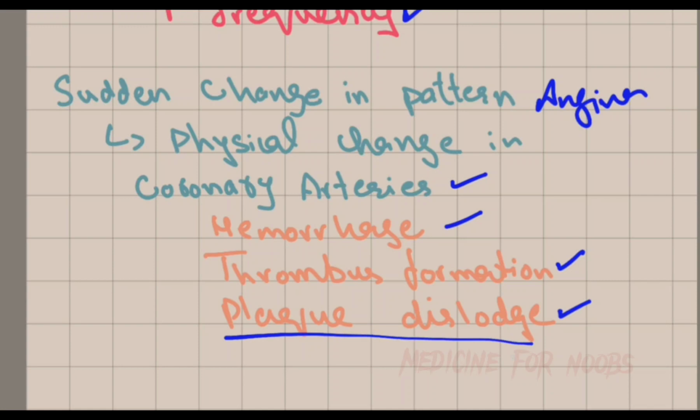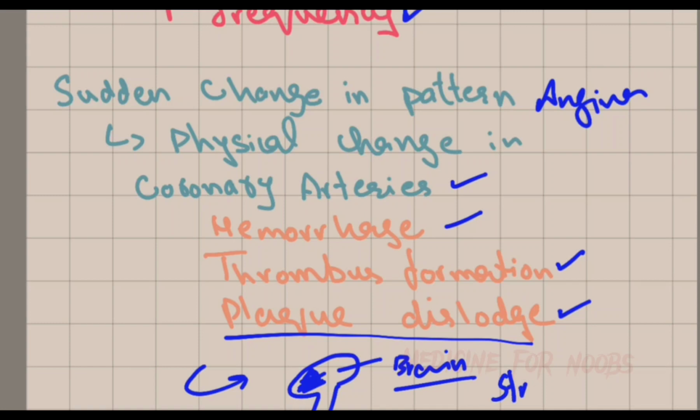This last one is very dangerous, as the plaque can go to other parts of the body and lodge there and stop the blood flow to necessary parts of the brain, which leads to stroke.